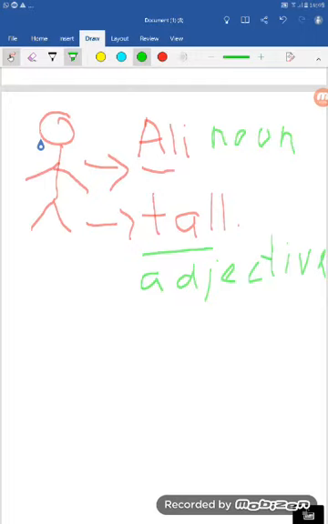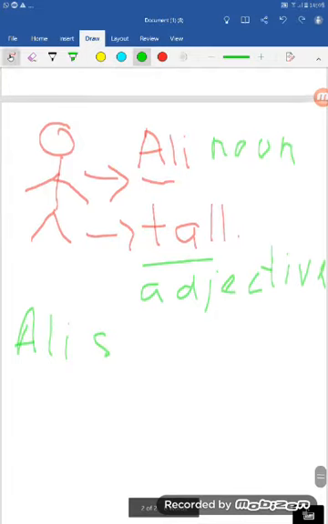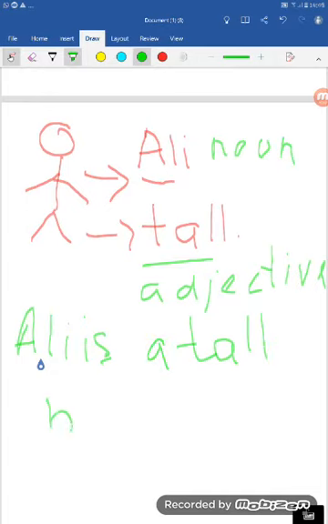How are we going to use it in a sentence? Ali is a tall boy.